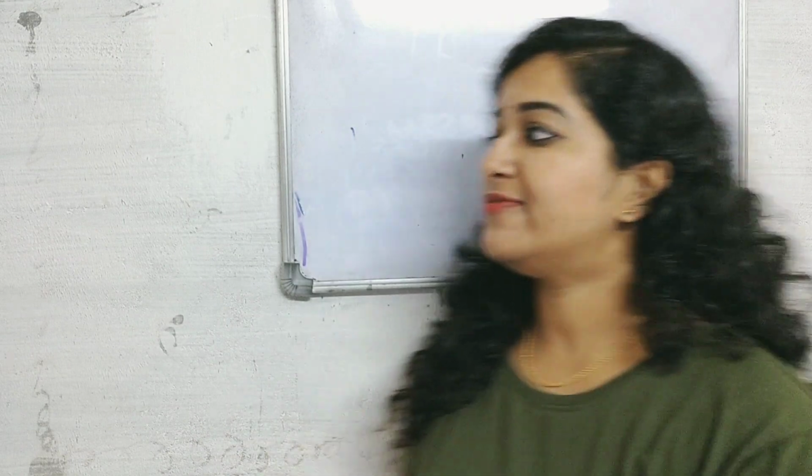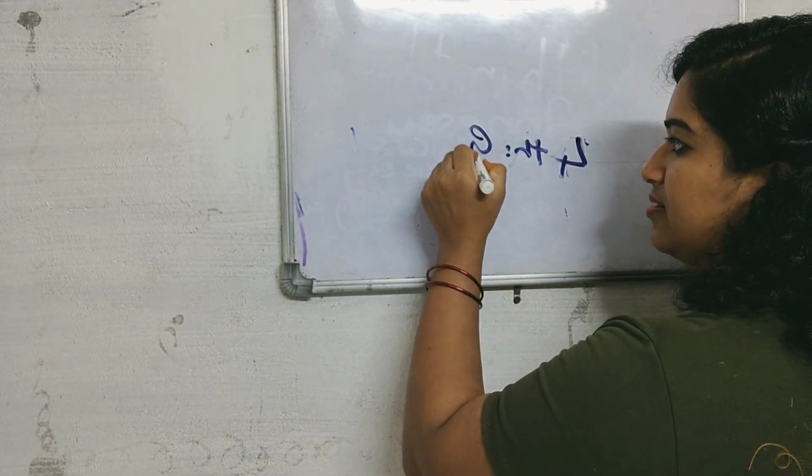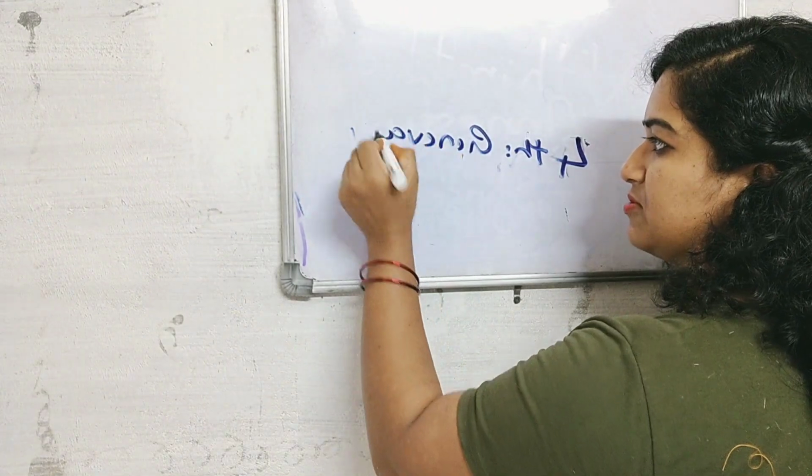The fourth GATT conference was held in 1955-56 at Geneva, Switzerland.